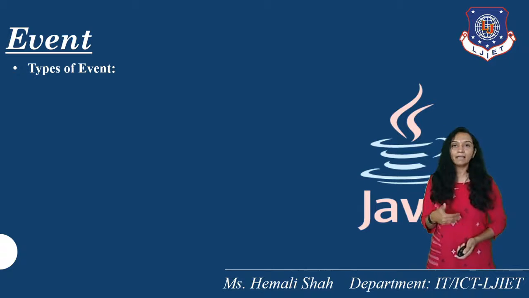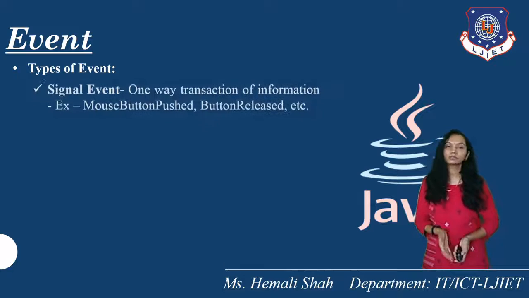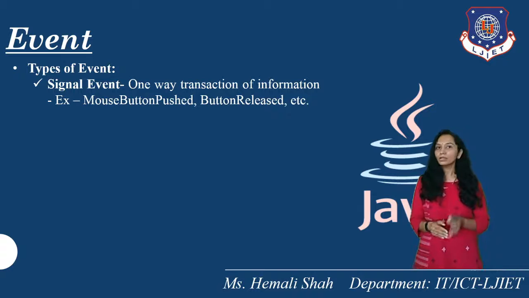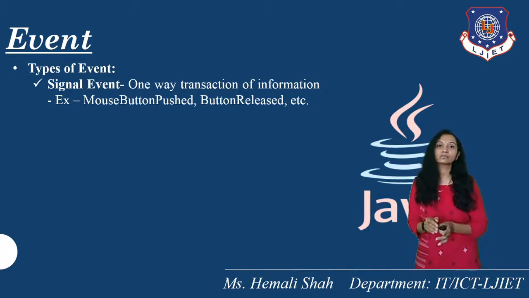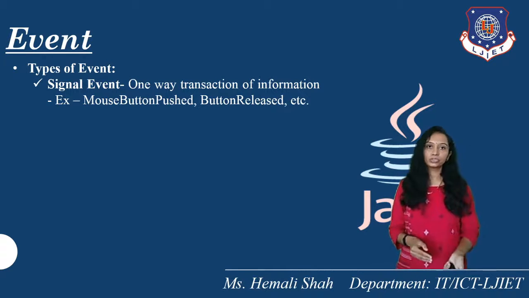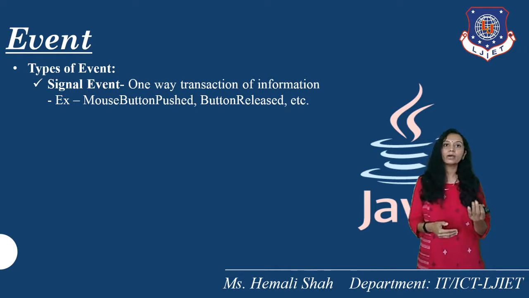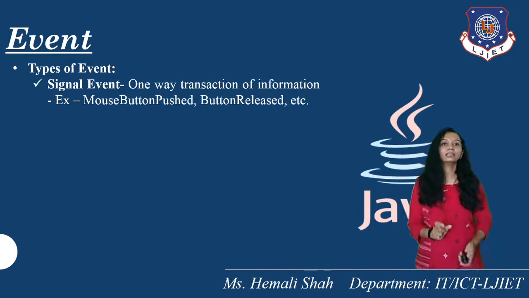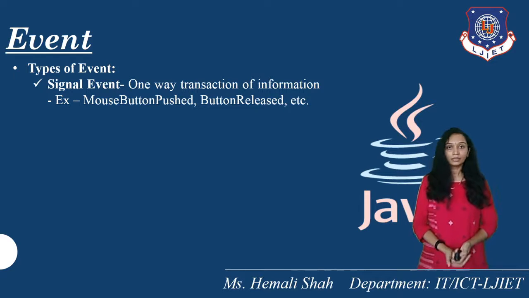Now, what are the types of event that might be possible when you are designing the state diagram? First, the event type is signal. A signal is basically a one-way transaction of information that passes from one object state to another object state. Mouse button pushed, mouse released, key pressed, window opened, window closed, these can all be signal kind of events whenever you are making some GUI application, right?